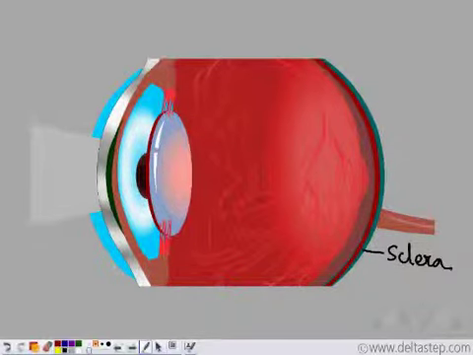The middle highly vascular layer is known as the choroid. And the inner photographic layer, where the image is formed, is known as the retina.